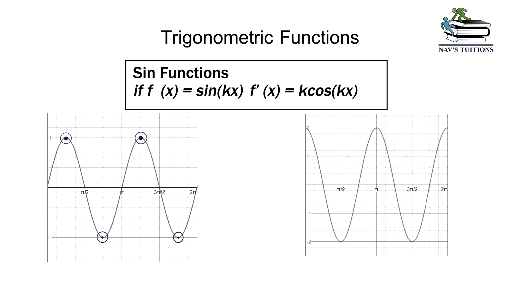This is the best place to start. So you identify the maximum and minimum points, and you'll see that those points correspond to zeros on the gradient curve. So you see you have a 0 here, a 0 here, a 0 here, and a 0 here. So 4 zeros for 4 turning points.